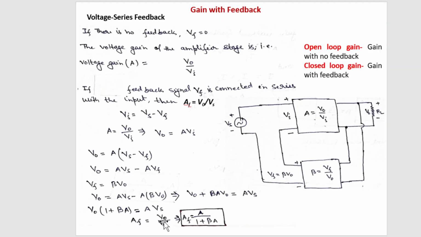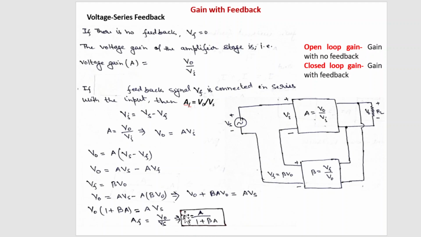So AF is equal to V naught upon Vs, which is A divided by 1 plus beta A, where A is the gain at the amplifier stage and AF is the gain with feedback network.